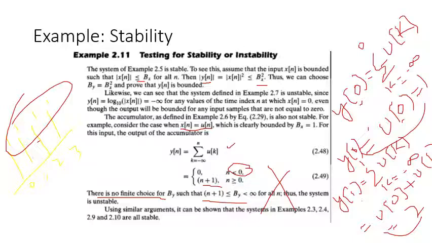The input is the unit step, and the unit step magnitude is always 1. But when we pass this to the accumulator, the output will become 0, 1, 2, 3, 4, 5. It will always keep on increasing. So we do not have any choice of boundary. So this is unstable.